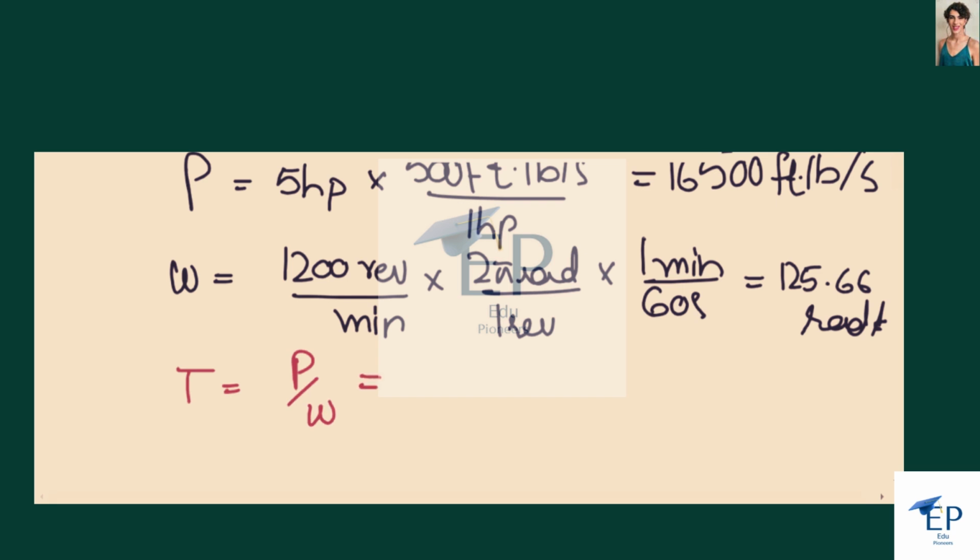So that is 131.3 foot-pounds, right? Now, don't forget that this torque is in foot-pounds, meaning that when we use it to find the radius in inches, we have to multiply it by 12.